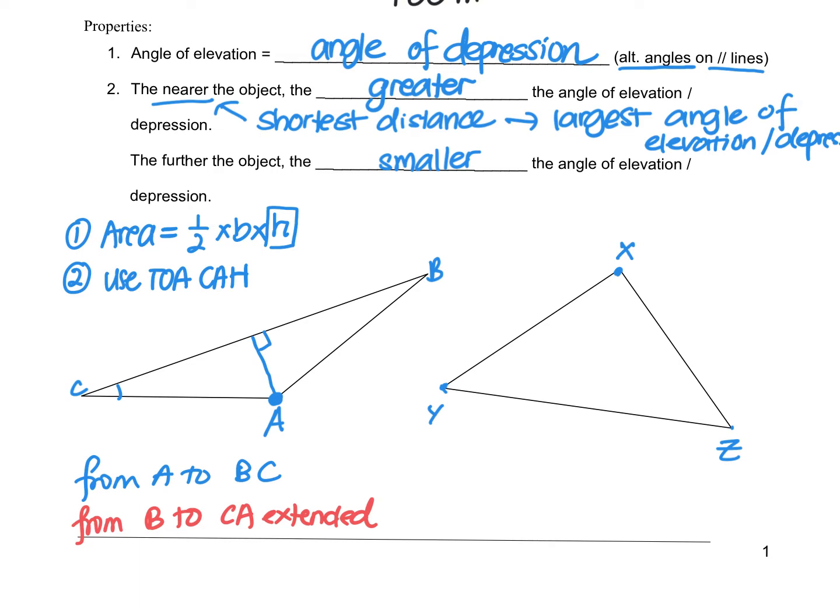Next part of the question, how do we do the one where we say find B to CA extended? Where is CA extended? AC extended and CA extended are different things. CA extended means from C to A extended.